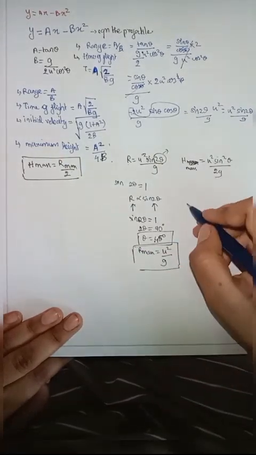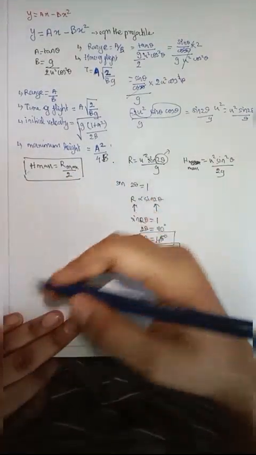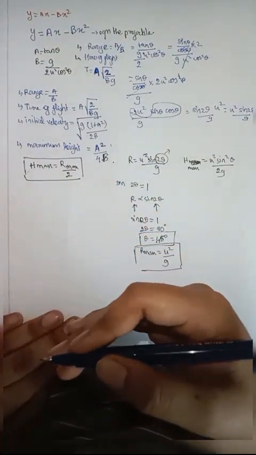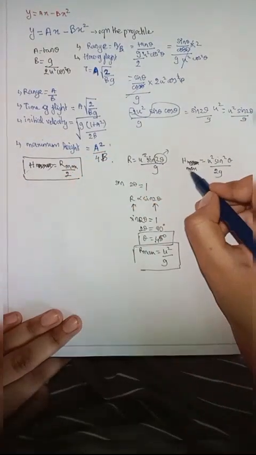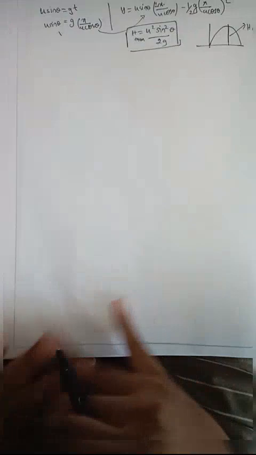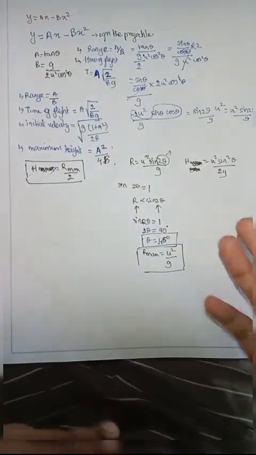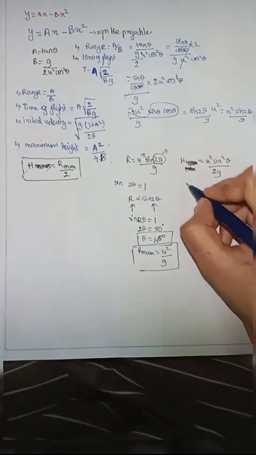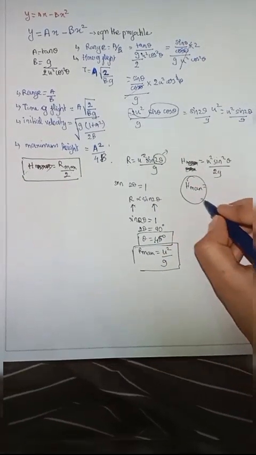If we consider the maximum height, we can take it as h itself. When we say H max, it means the value of h is maximum.